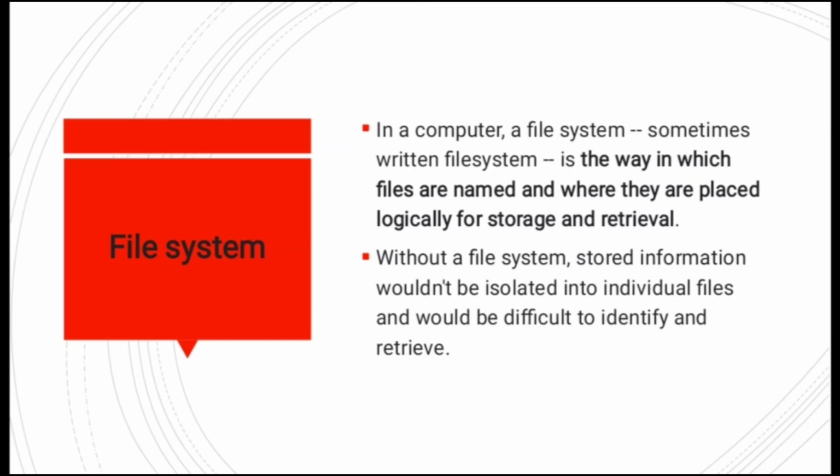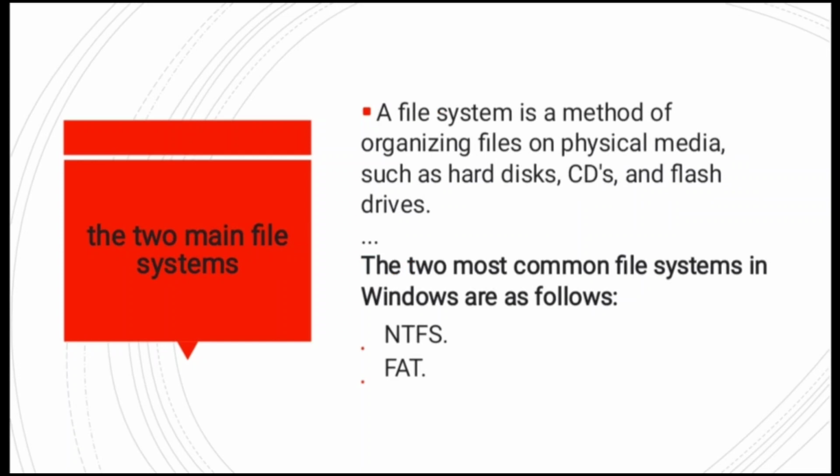Without a file system, stored information wouldn't be isolated into individual files and would be difficult to identify and retrieve. A file system is a method of organizing files on physical media, such as hard disks, CDs, and flash drives. The two most common file systems in Windows are NTFS and FAT.